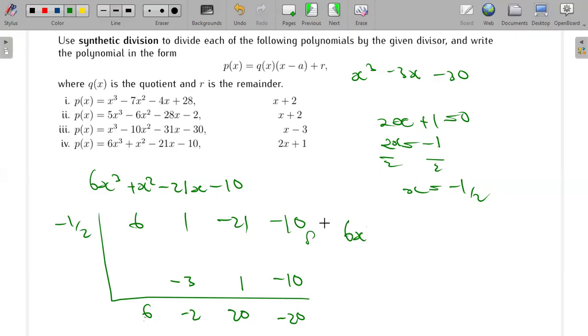So in short, let me write it well. P of x is equal to 6x squared minus 2x plus 20, then I'm dividing by 2x plus 1, then plus our remainder, which is just minus 20.